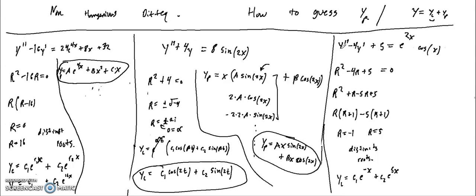One sec. Okay, I was planning on showing something else, but we'll just run with it. So, negative x, 5x, constants.